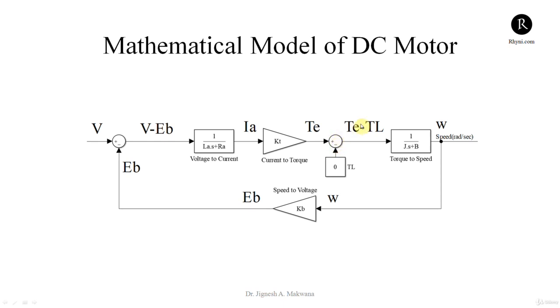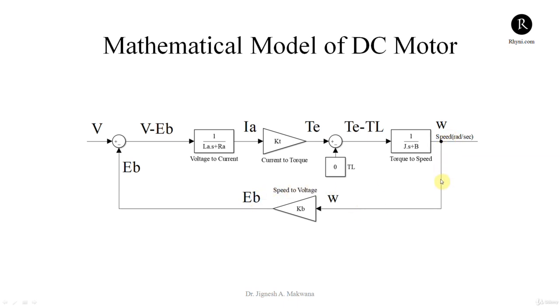Here we have used a summing point to represent this. We can supply the value of load torque over here. If it is 0, then it is only the torque developed. We can also use the speed to develop the back EMF.